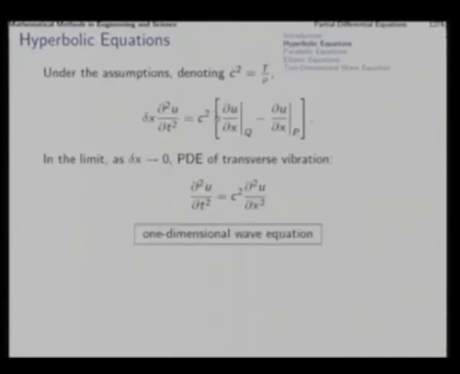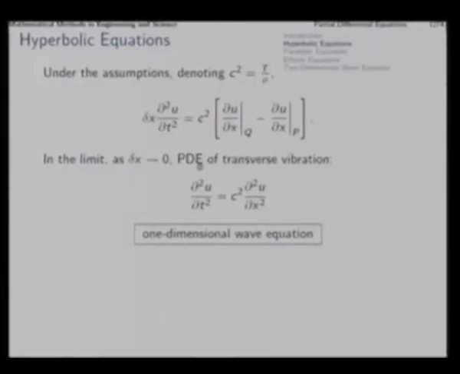So, T by rho is c square. Other than that we have slope at q minus slope at p, and the x difference between the positions p and q is delta x, that is here. Now, if we divide this side with delta x, then what do you have?